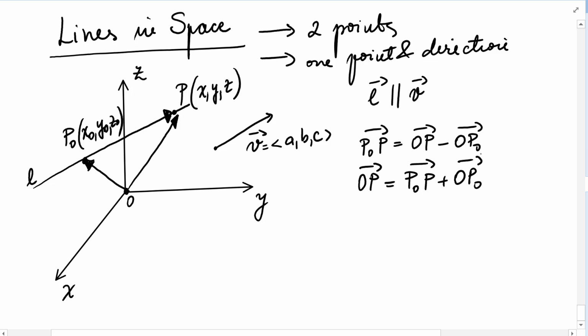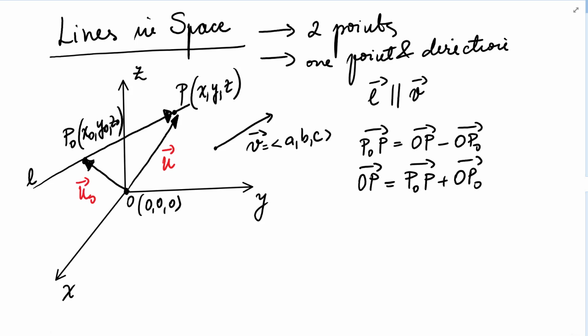Now OP, given that the origin is 0, 0, 0 and P is of coordinate x, y, z, let's label it as vector u, and this vector u naught.